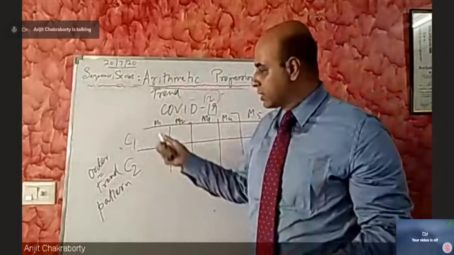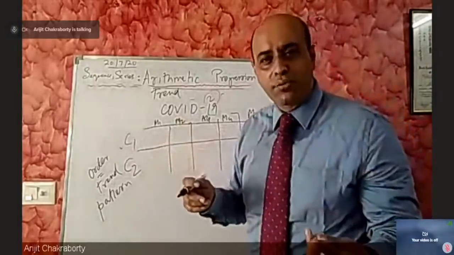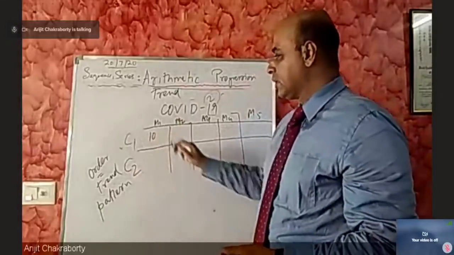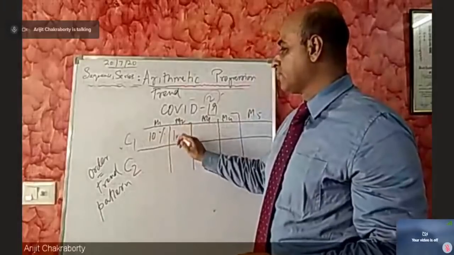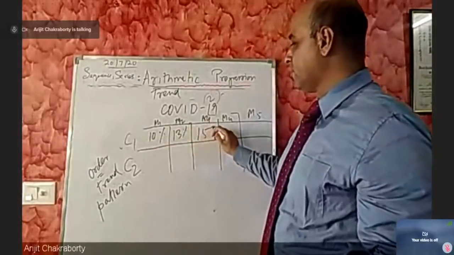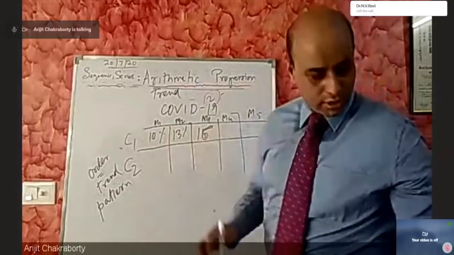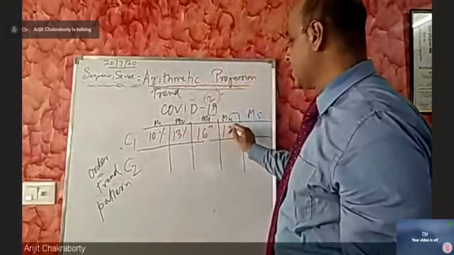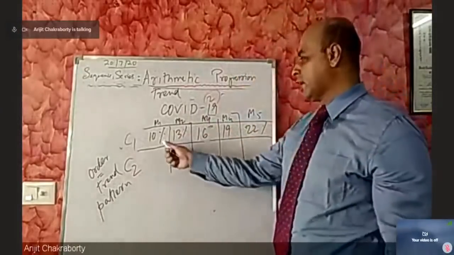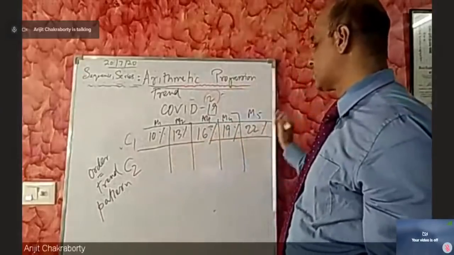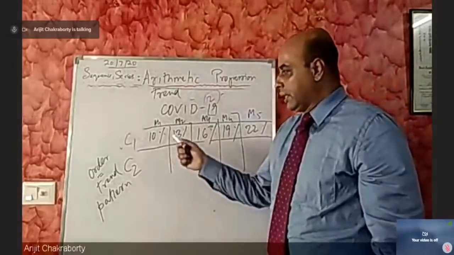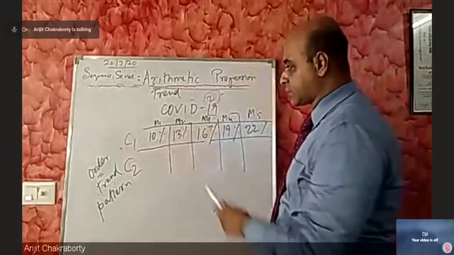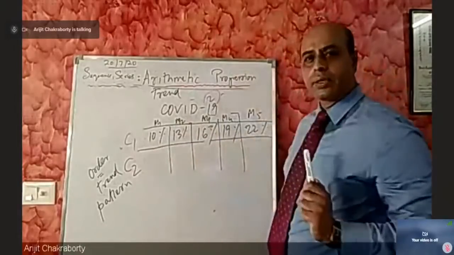In country C1, the spread of COVID virus in the first month was say 10%. Second month it became 13. Third month it became 16. Then it became 19, then 22%. So 10%, 13%, 16%, 19%, 22%. Do you feel it is a series? 10, 13, 16, 19, 22.